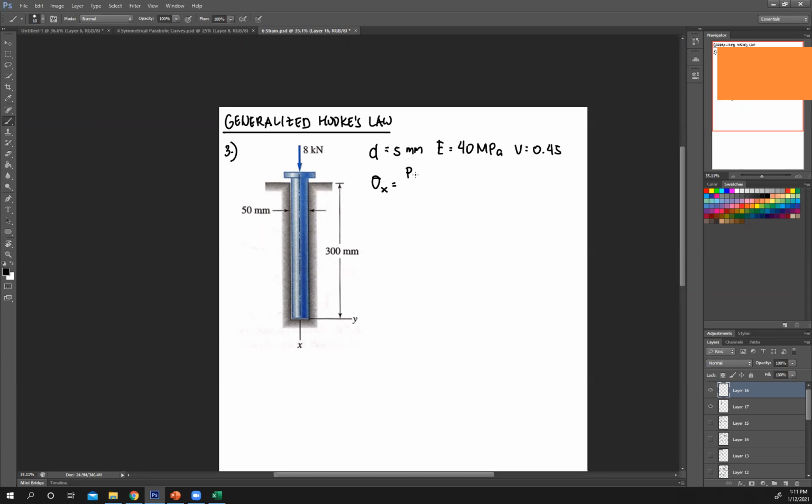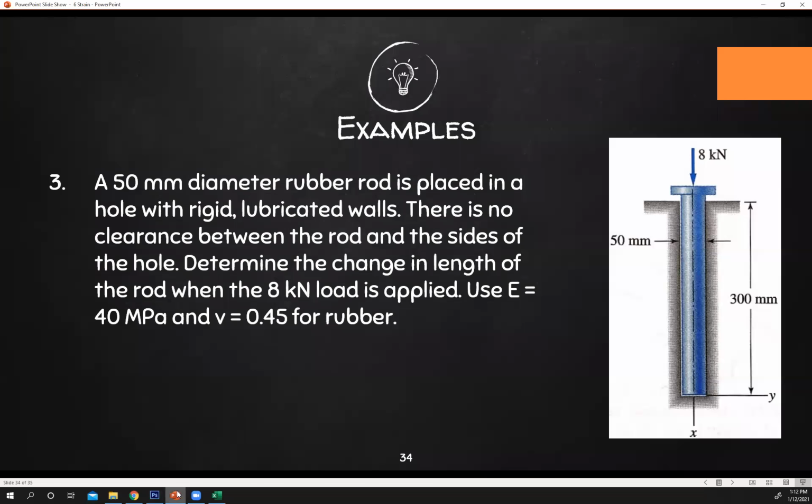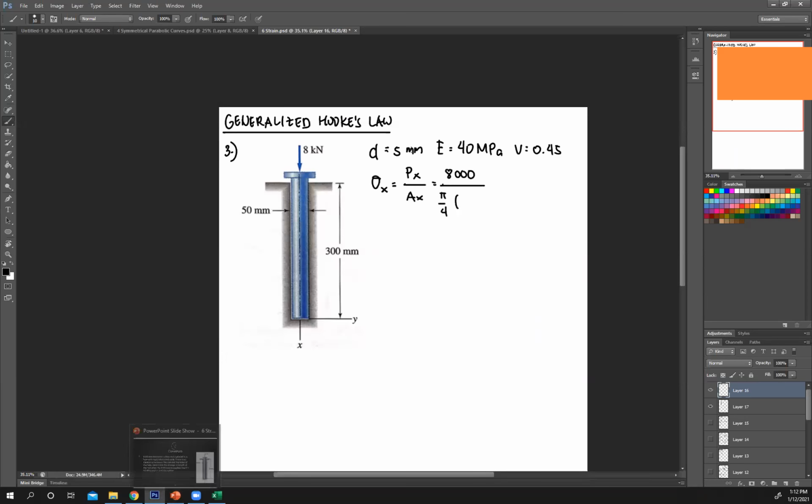Stress is just force over area. So Px over Ax. Px is just your 8,000 over area. This is circular, so it's pi over 4 d squared. Pi over 4, and my d is 50 millimeters.